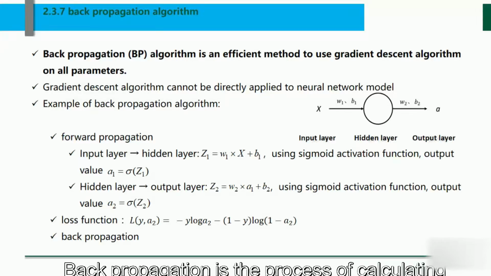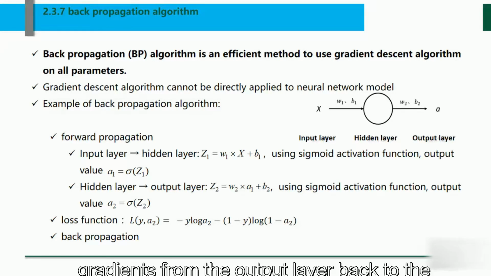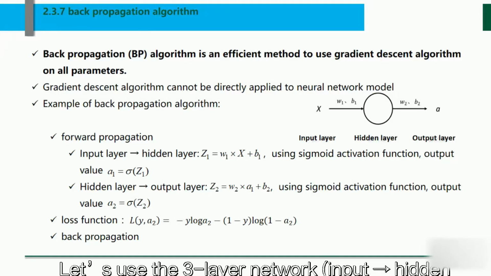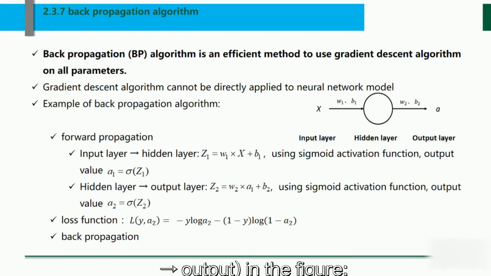Backpropagation is the process of calculating gradients from the output layer back to the input layer, the reverse of forward propagation, to update parameters. Let's use the three-layer network, input, hidden, output, in the figure.